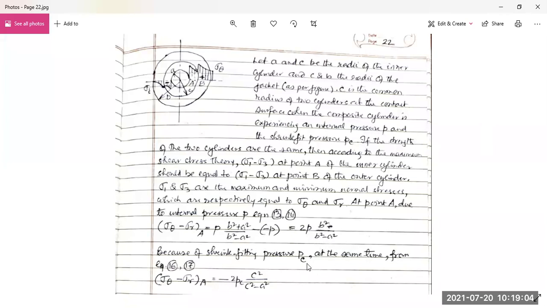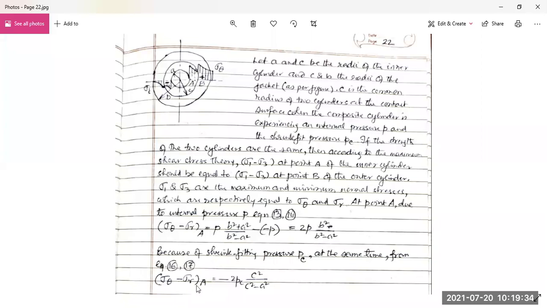Because of the shrinkage pressure PC, at the same time from 16 to 17, we will have sigma theta minus sigma r. Here we are taking PC as the external pressure. So we are using the external pressure equations, which are given as sigma r equal to minus PC B square over B square minus A square times 1 minus A square by R square, and sigma theta equal to minus PC B square over B square minus A square times 1 plus A square by R square.